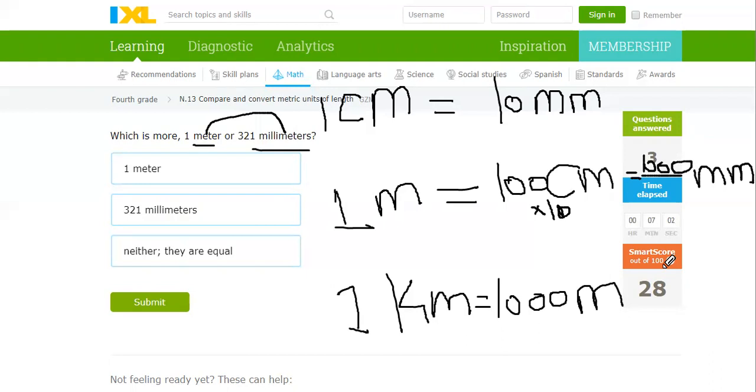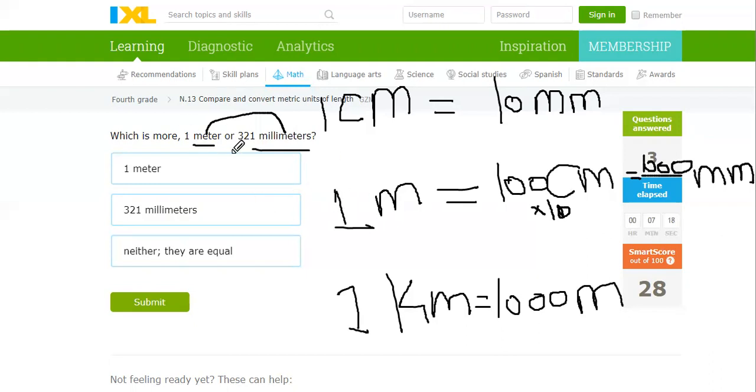millimeters. Do you want to tell me that 1 meter is 1,000 millimeters? Yes, I'm telling you that.